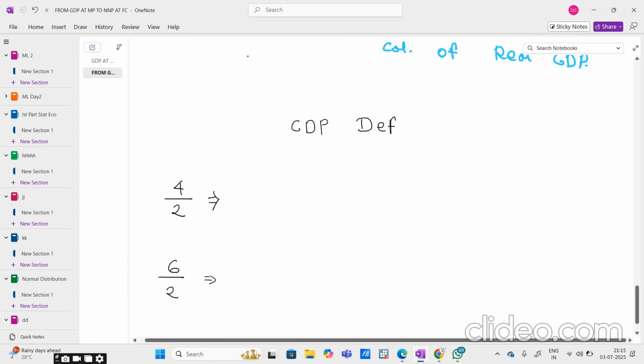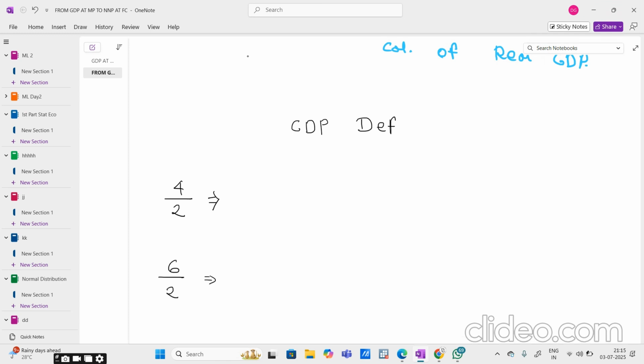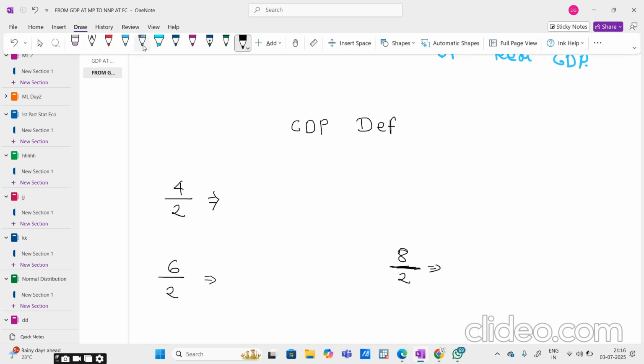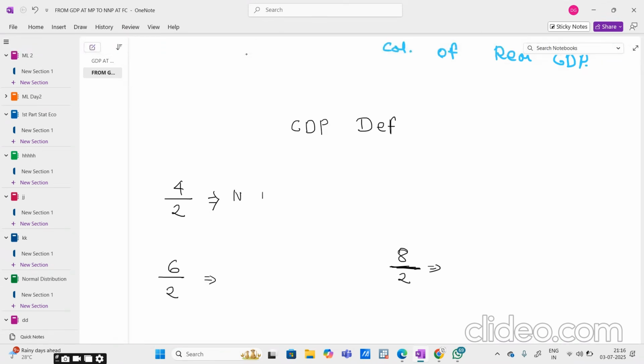Or suppose 8 by 2? 4 by 2 signifies that the numerator is twice the denominator. Right or wrong? You can give multiple interpretations to it, but you cannot deny this interpretation. 4 by 2 implies that the numerator is twice the denominator.